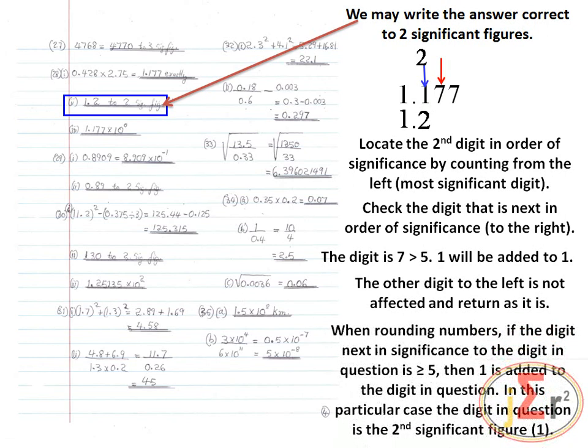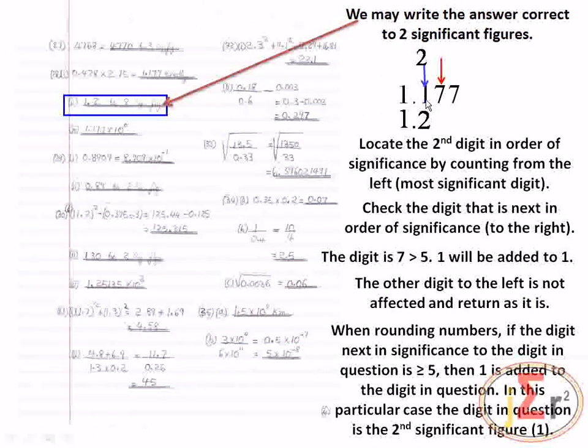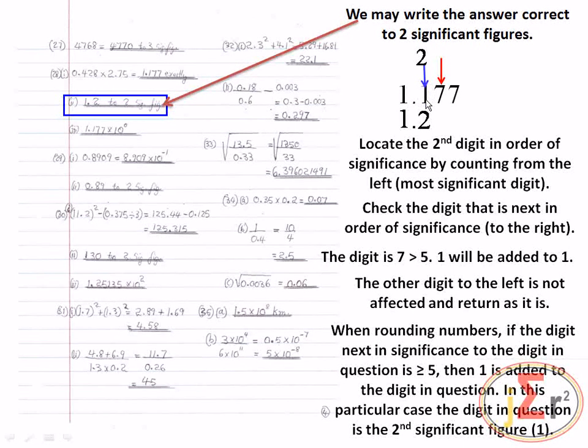When rounding numbers, if the digit next in significance to the digit in question is greater than or equal to 5, then 1 is added to the digit in question. In this particular case, the digit in question is the second significant figure, which is this one right here. This is the second digit in order of significance.